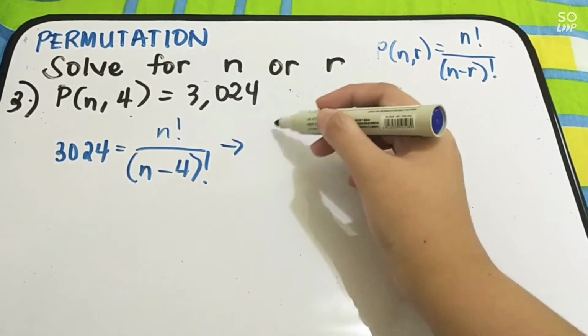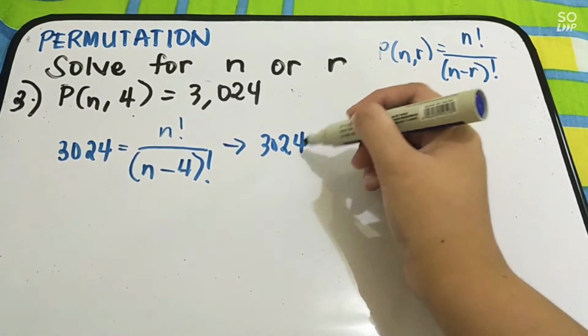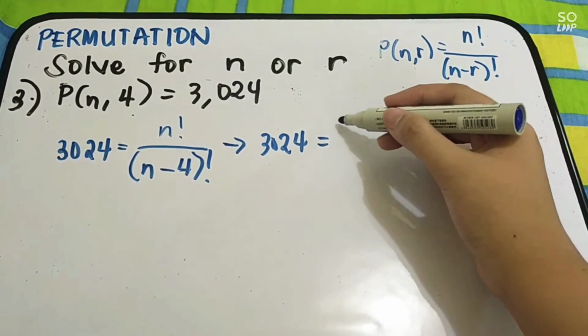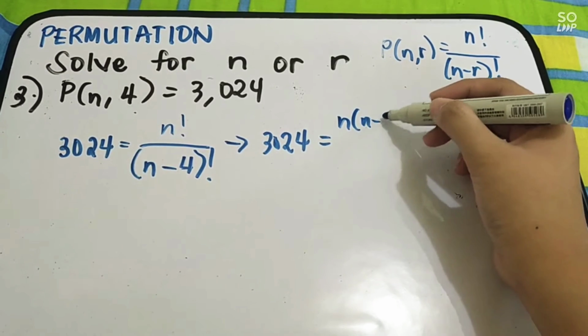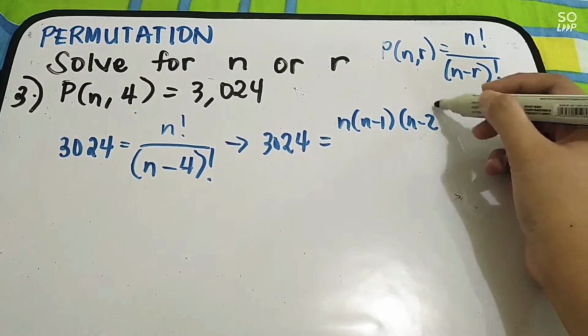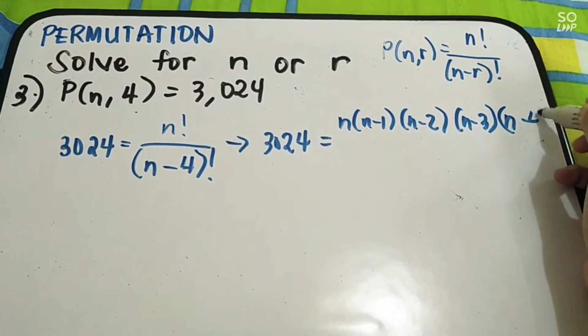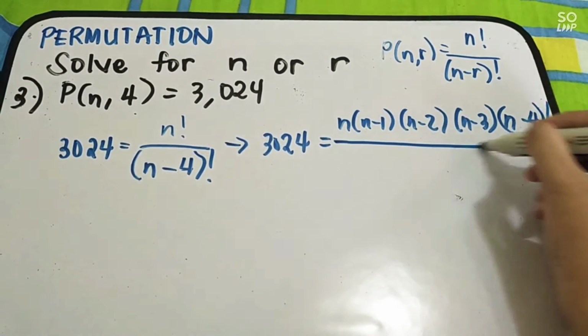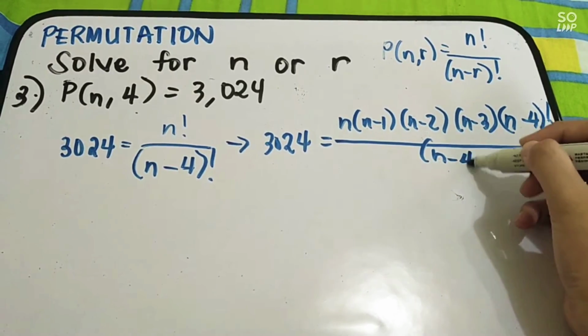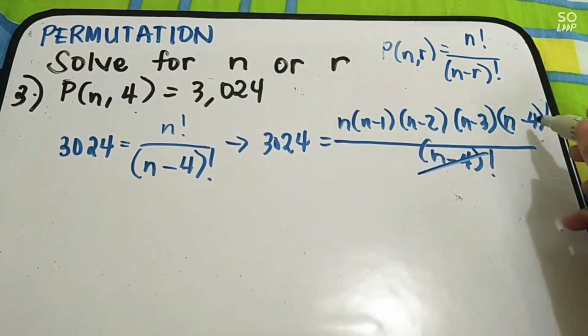Then, we have 3024 is equal to n times n minus 1 times n minus 2 times n minus 3 times n minus 4 factorial over n minus 4 factorial. Cancel out, cancel out.